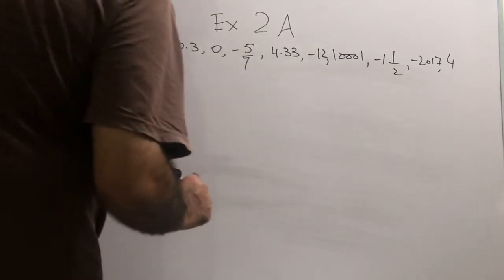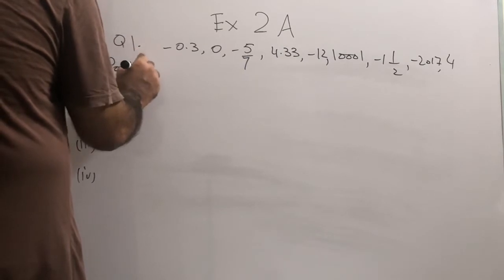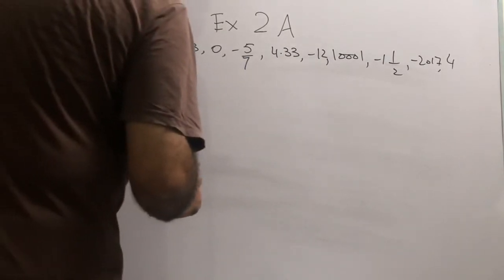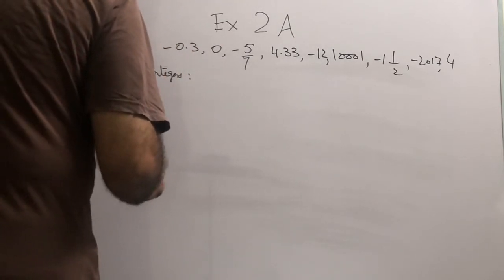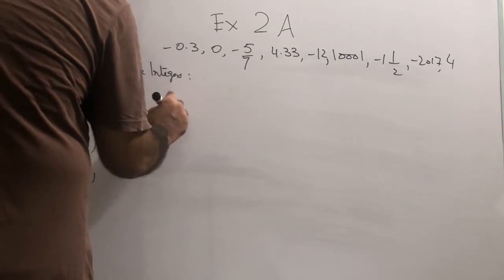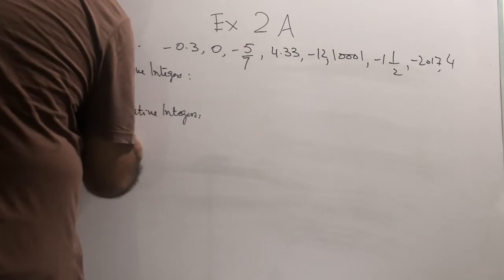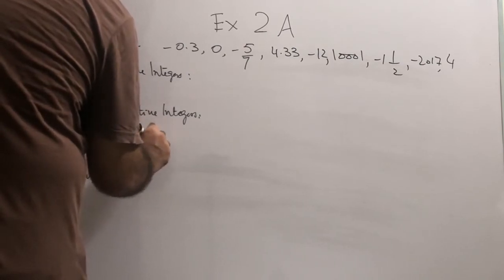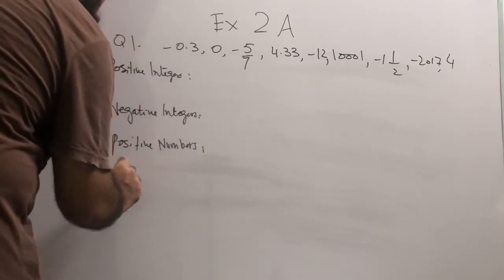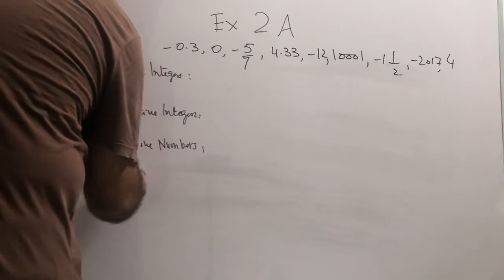The first thing is positive integers. The second thing is negative integers. The third thing is positive numbers. And the fourth thing is negative numbers.